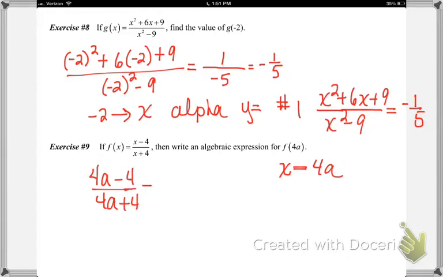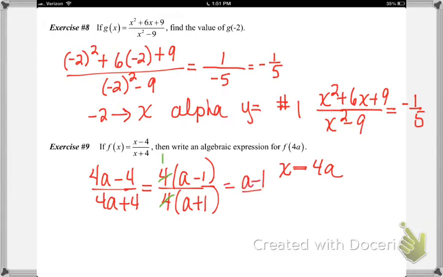Let's remember how to factor from Algebra 1. Our greatest common factor is 4, so it's 4 times a minus 1 over 4 times a plus 1. 4 divided by 4 is 1. So our answer is going to be a minus 1 over a plus 1.